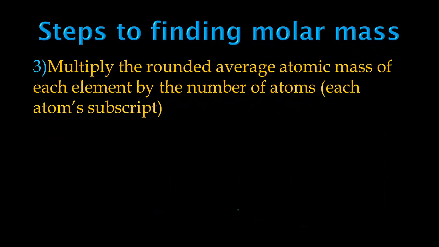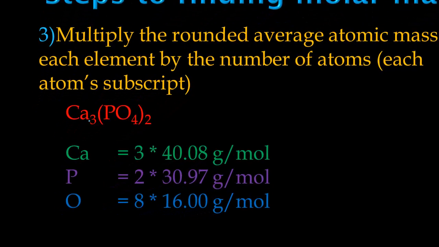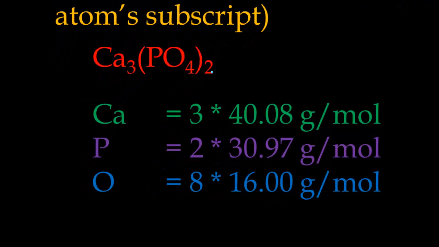Third step, you multiply the rounded average atomic mass of each element that we just got by the number of atoms, which is the subscript. So we have Ca3(PO4)2. We have 3 atoms of calcium. So I'm taking 3 times 40.08 grams per mole.